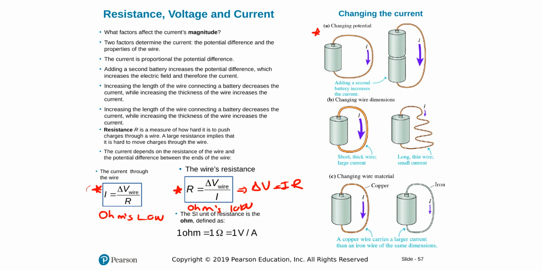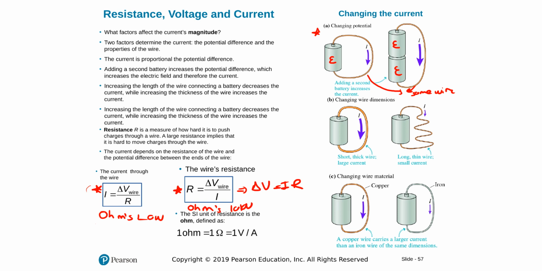These nice figures are comparing the current with different setups where we change either the battery power or the type of the wire we're using. It changes the resistance. For example, here we have one battery. Assuming the same type of wire and same length, I'll just say same wire, I'm adding two batteries.